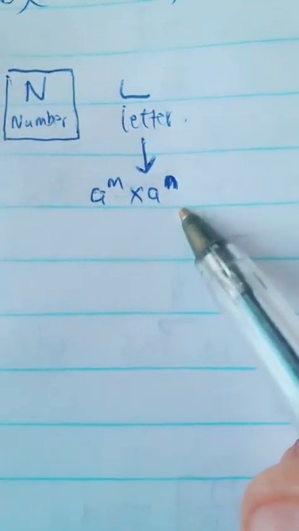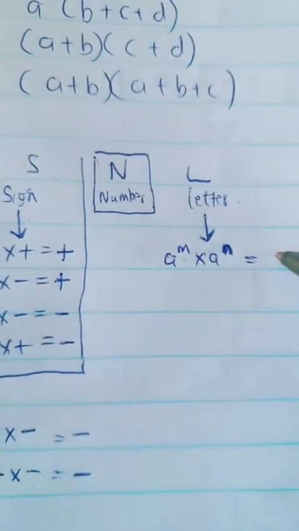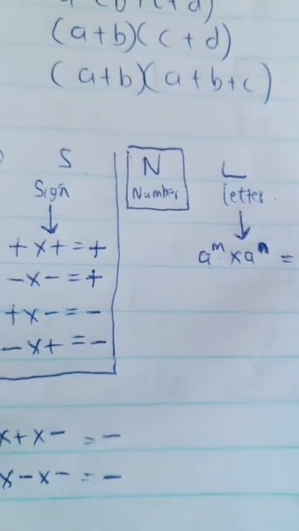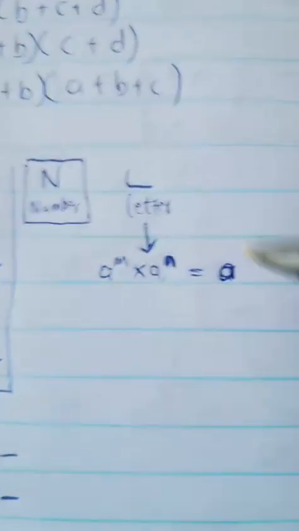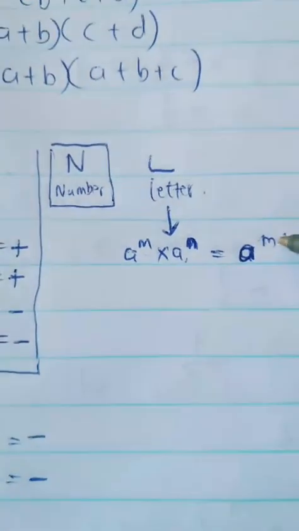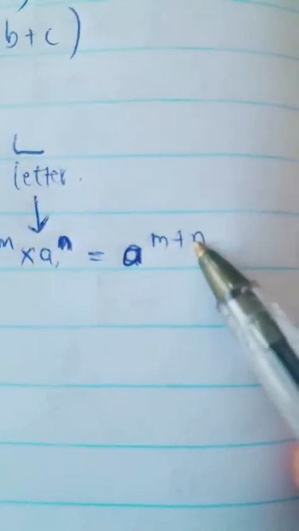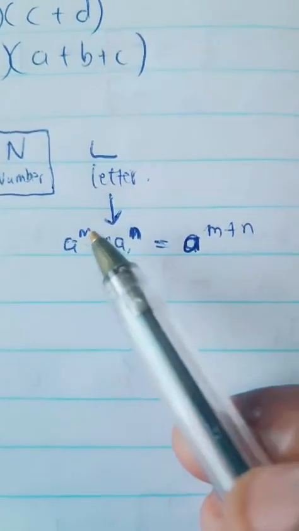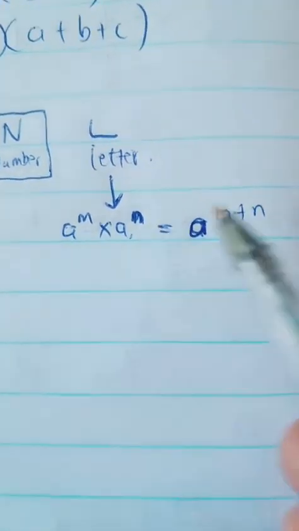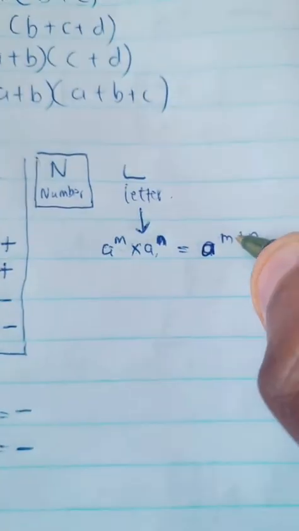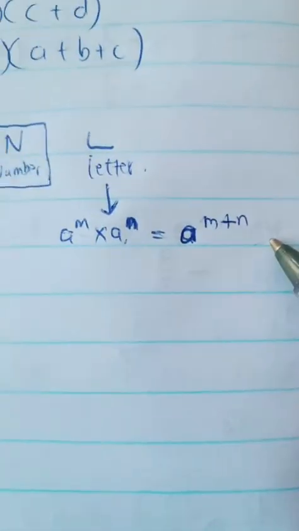If you are multiplying same bases, we know that we must keep the base, which is a in this case, and then add the exponents together. So that would be m plus n, because the bases are the same. So that is for multiplication of same bases.